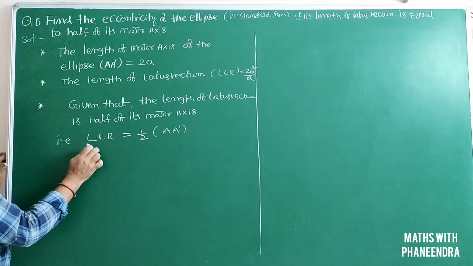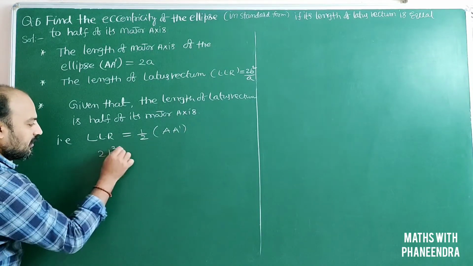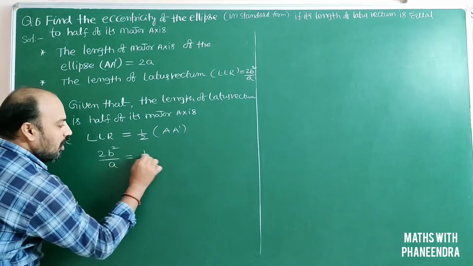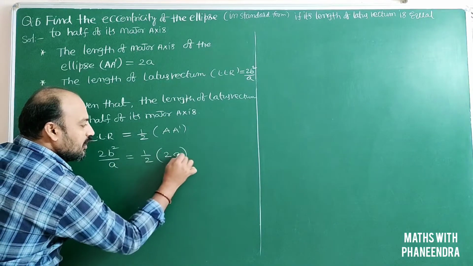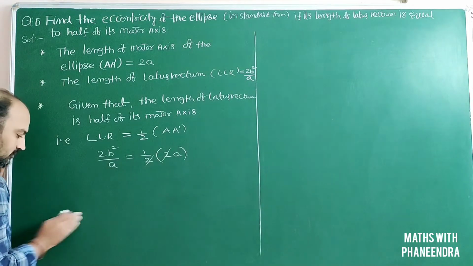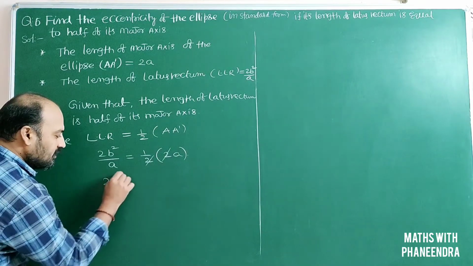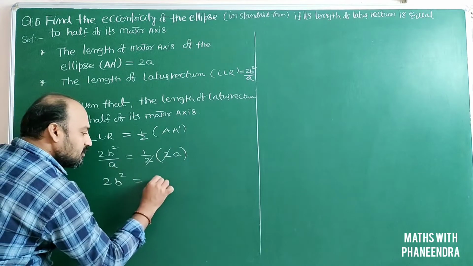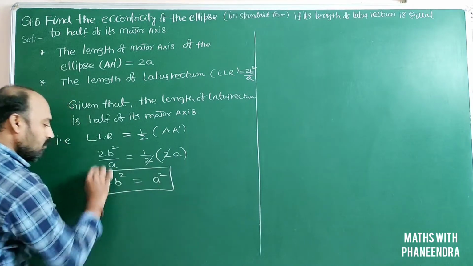What is the formula for length of latus rectum? 2b square by a is equal to half into A dash, that is 2a. So 2 get cancelled. Cross multiply. 2b square is equal to a into a, that is a square. Yeah, put it in box.